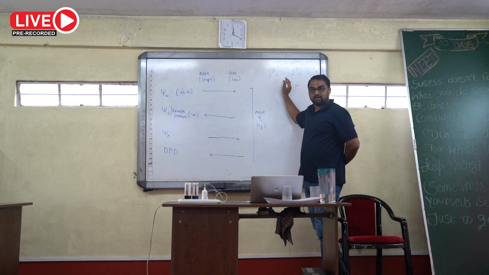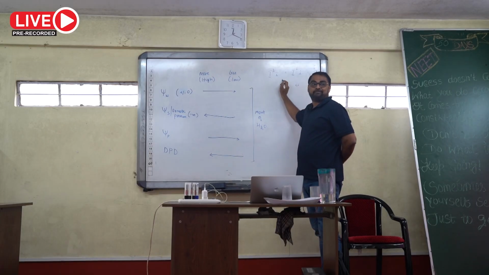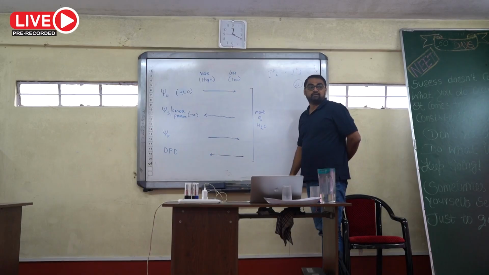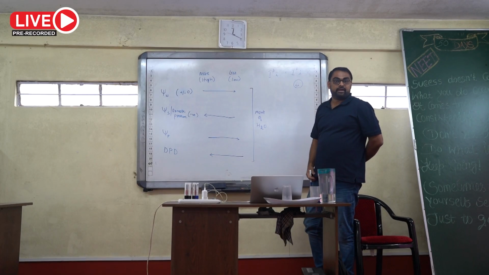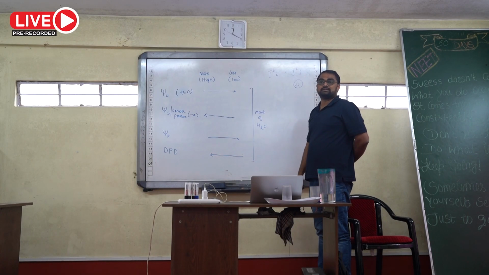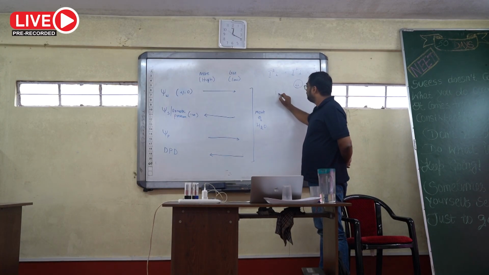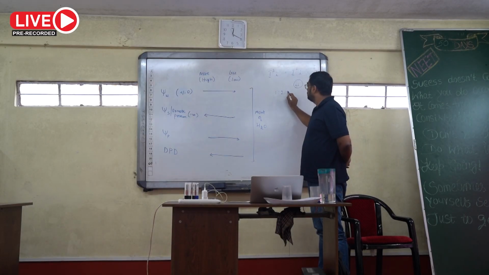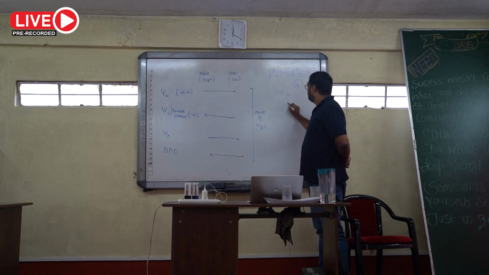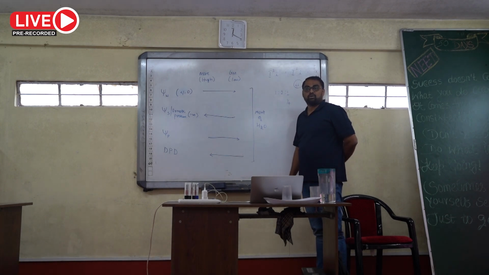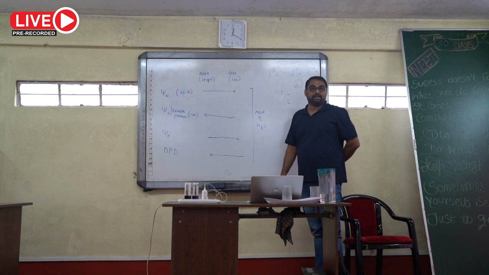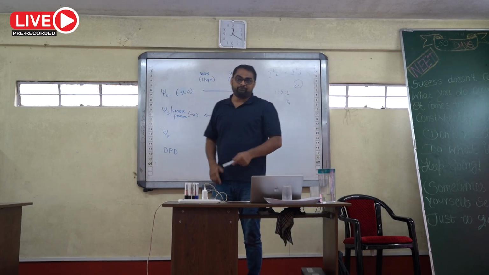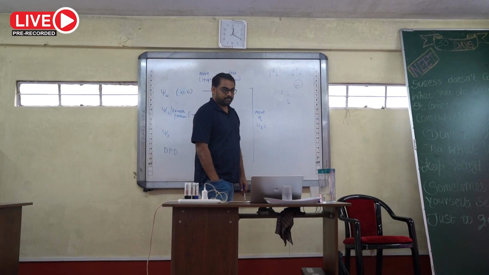What we are looking for is the homozygous recessive, small i small i. The genotypic ratio in the F2 generation is 1:2:1, so 1 out of 4 is the possibility for the man to be the father.